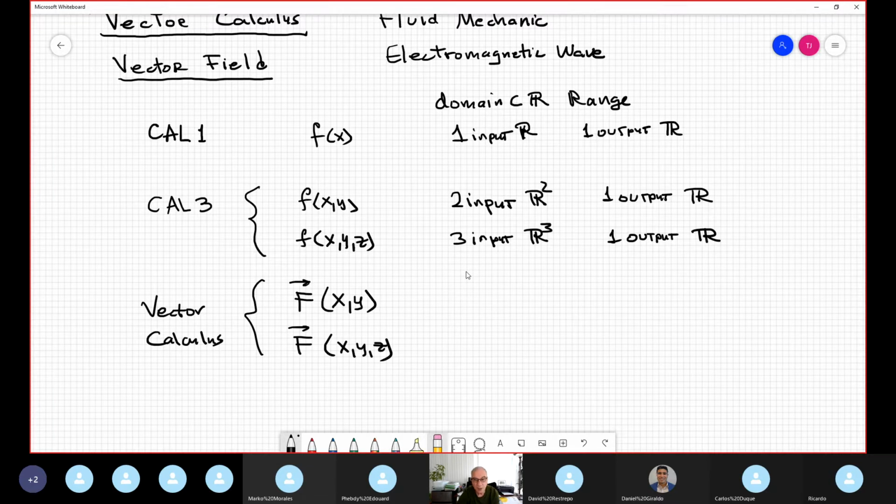In 2 dimensions, we have 2 inputs, a subset of R2, x and y, exactly the same as this, look. But we have 2 outputs. This is a new thing, belonging to R2.